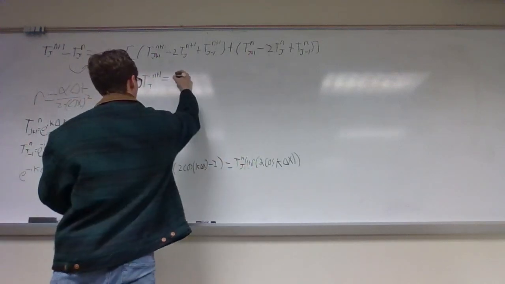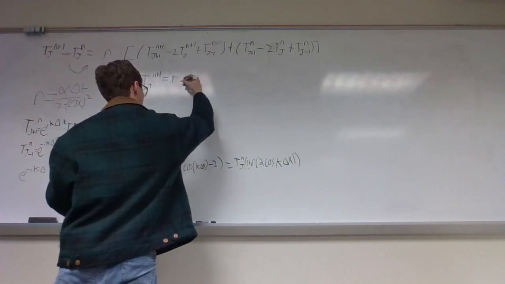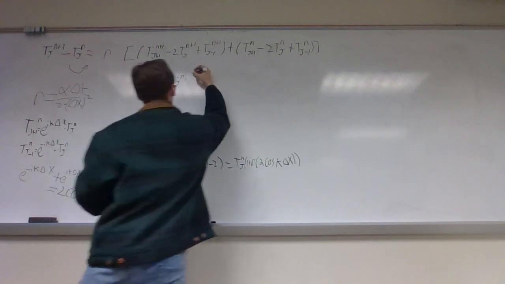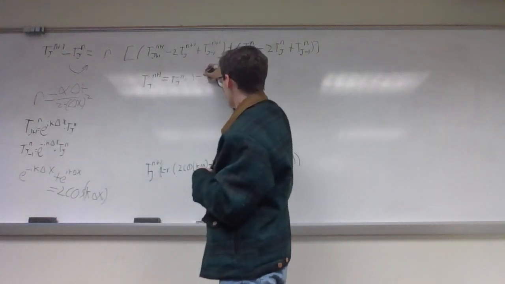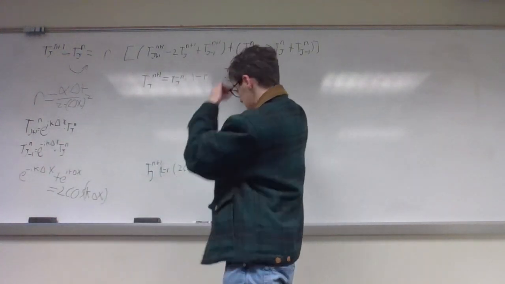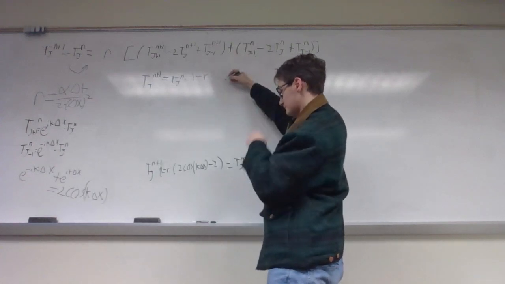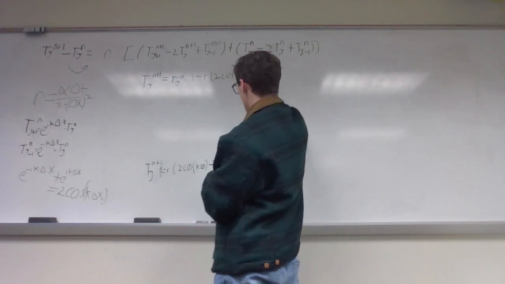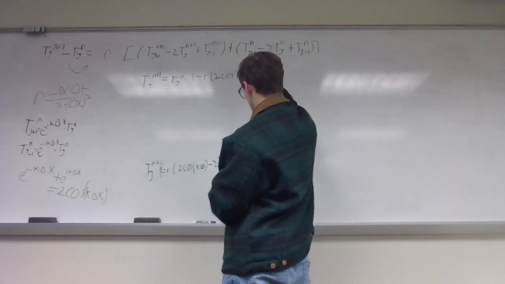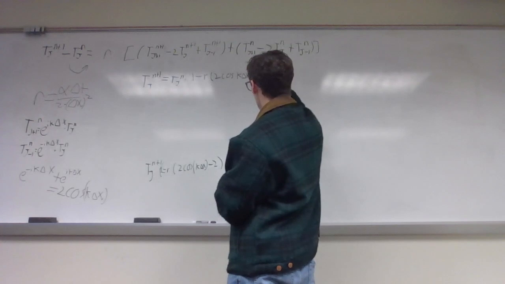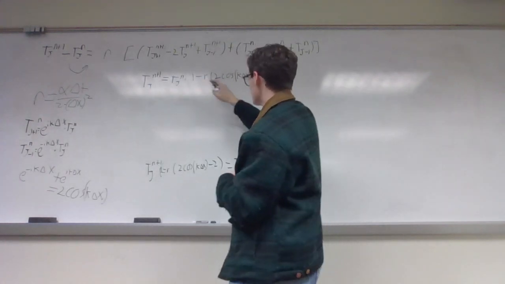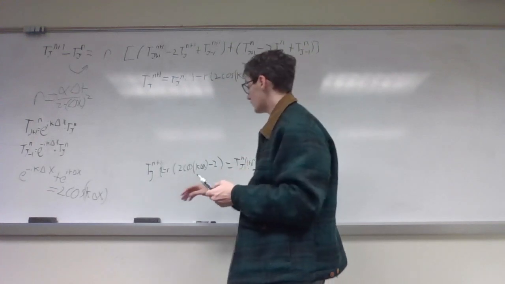We have Tj^n times (1 minus r), then a 2 cosine k delta x minus 2, in which what we really could do is factor out this 2 and move it across.